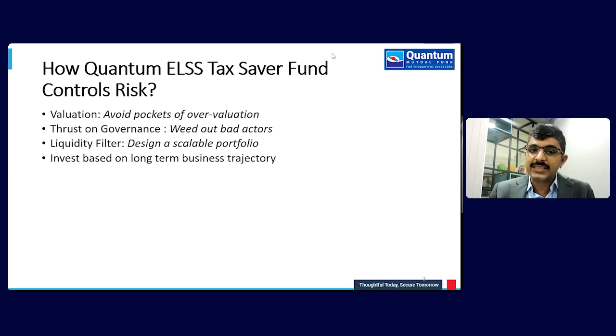The second advantage is you would be able to build a scalable portfolio. So even if this fund were to grow multifold in the future, since we hold liquid names in the portfolio, we would be able to replicate this performance over long periods of time.